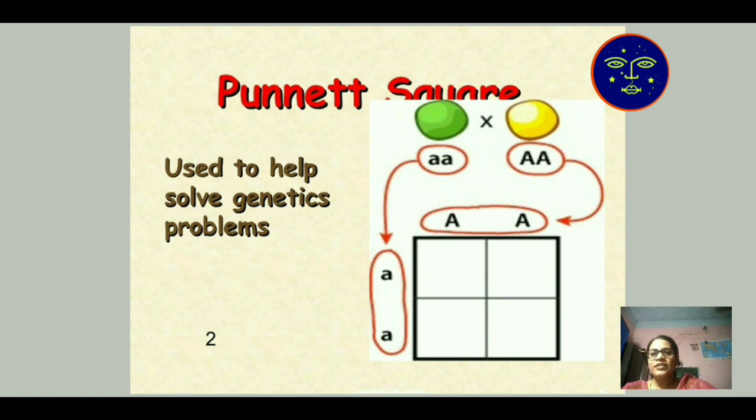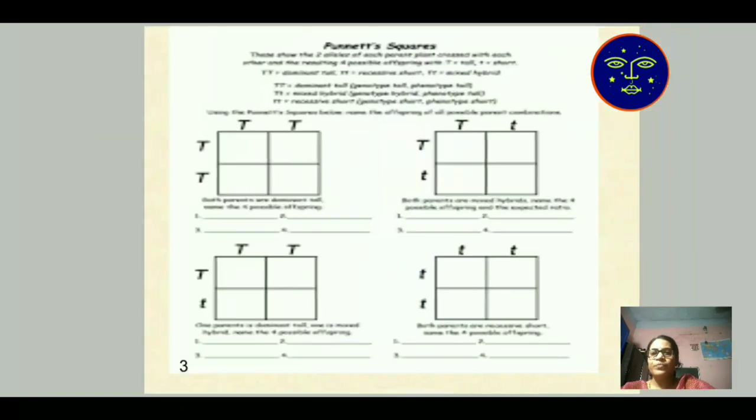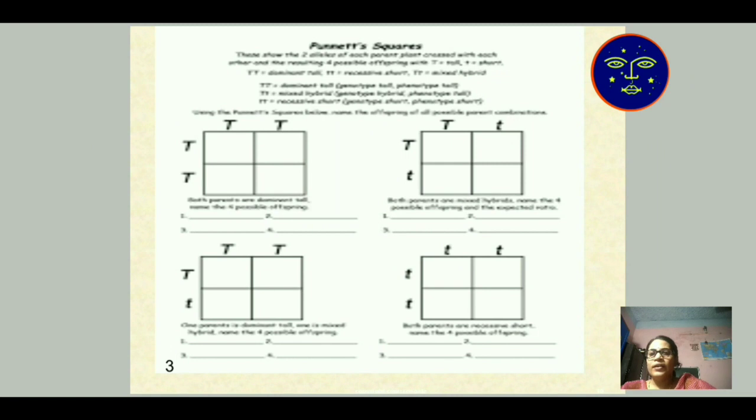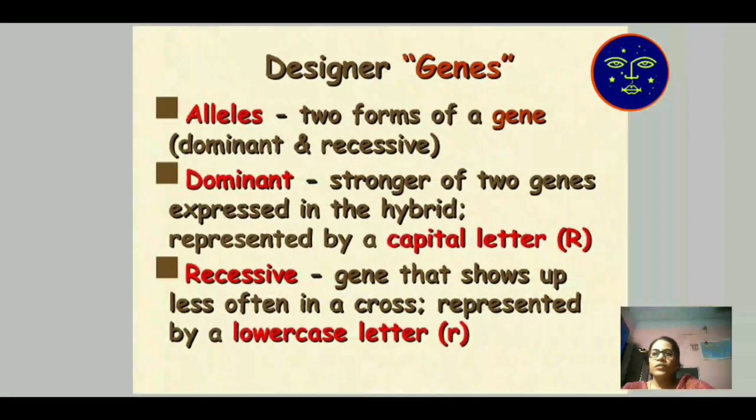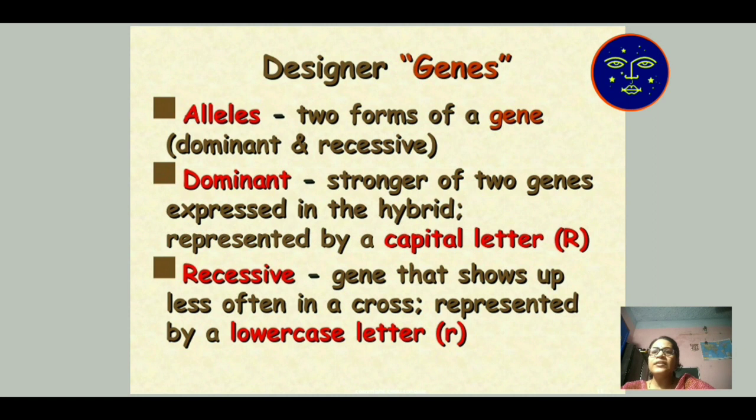Small a represents your recessive character and capital A represents your dominant character. Dominant means expressive character. Then Punnett square: TT. Here capital T represents tall and small t represents dwarf, meaning short-heighted plant.